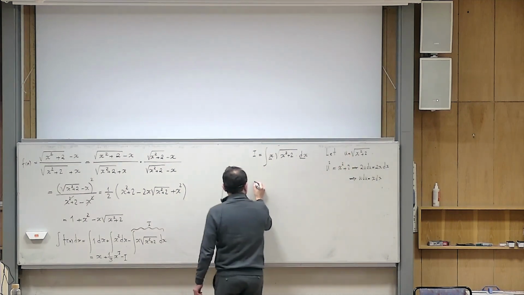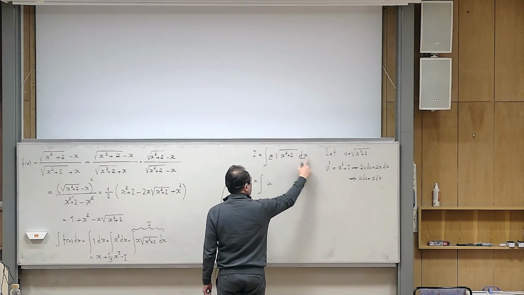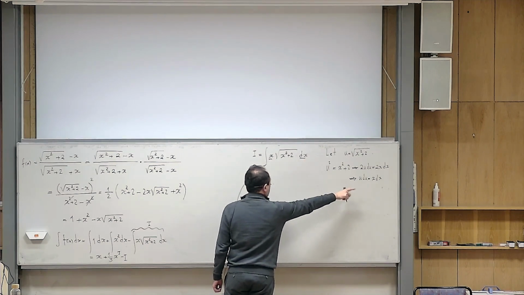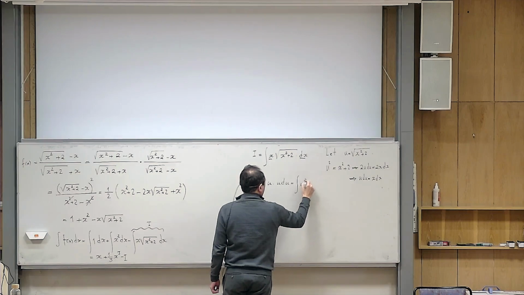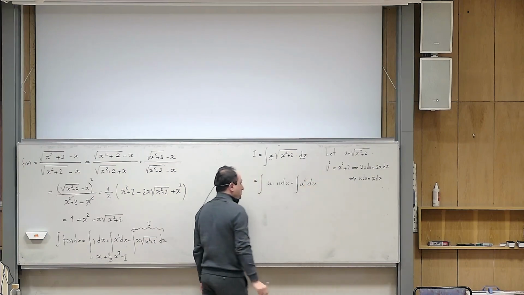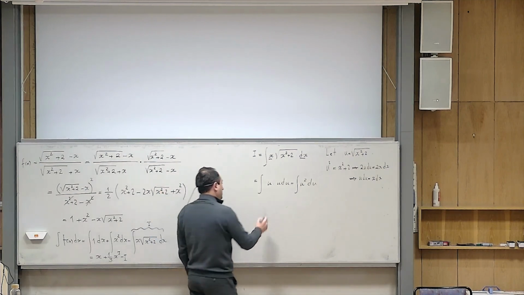So then it becomes the integral: this part is u, this part x dx is u du, which is the integral of u squared du. But now I am integrating u squared, and the variable is also u, so it is extremely simple.